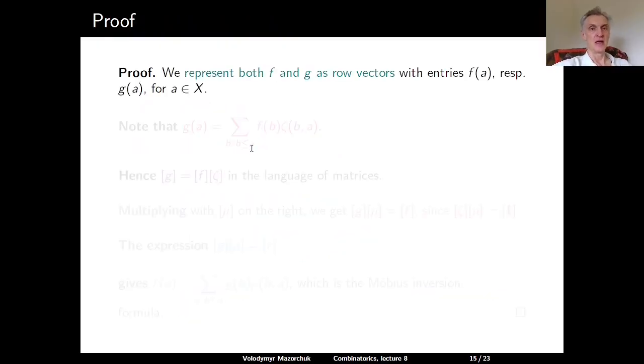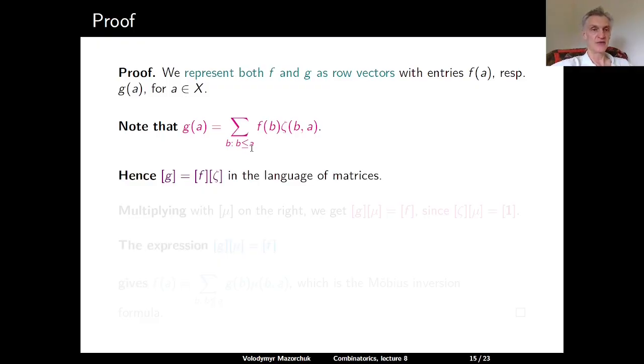Proof. So we represent both f and g as row vectors with entries f of a respectively g of a for a in X. Then g of a is equal to the sum over all b less than or equal to a, f of b, and then we can write zeta of b comma a because that's equal to 1.